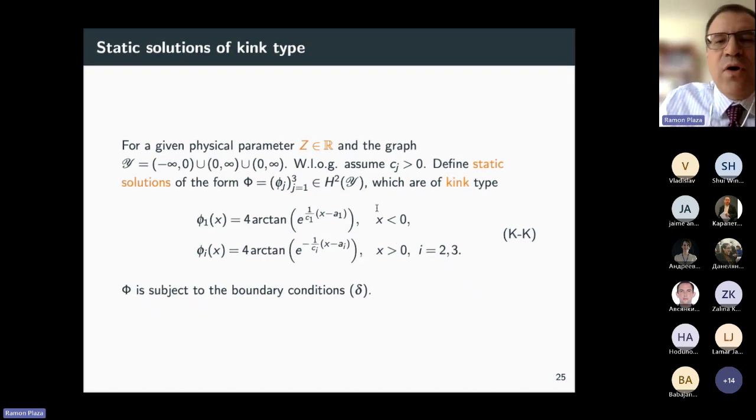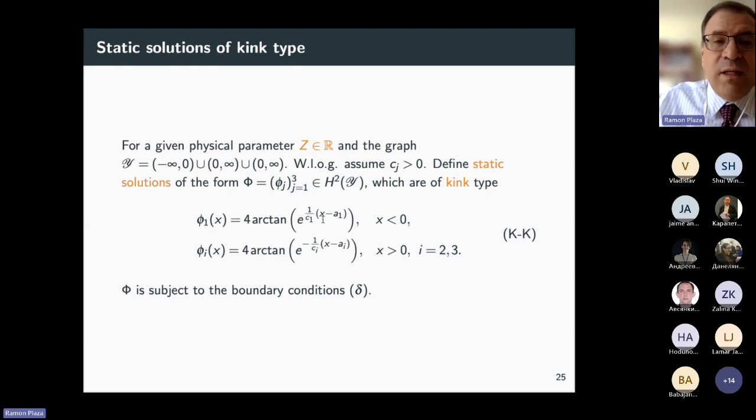For the first edge with negative x, you simply change the sign, but you have a kink, which is 4 times the arctangent of the exponential of 1 over c1 times x minus a1. a1 and aj are constants to be determined. And on the positive edges, you have a classical kink. So we look for solutions of this form.